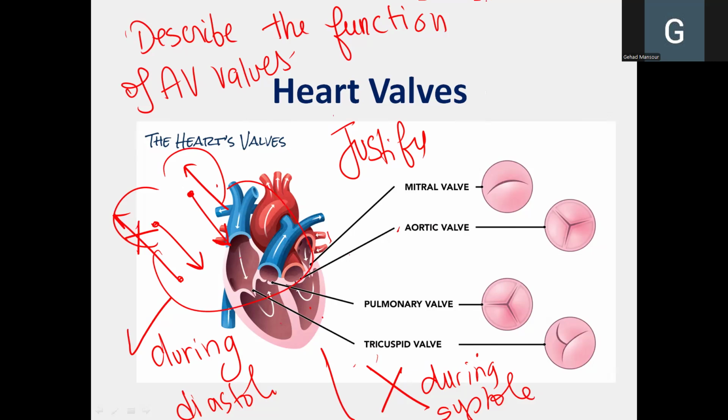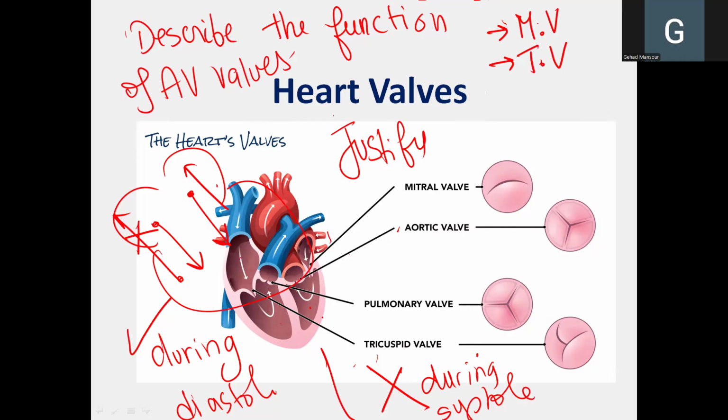But if I ask you to describe the function of the mitral valve specifically, or the tricuspid valve specifically, it's essentially the same frame, meaning that it allows during diastole and prevents during systole.